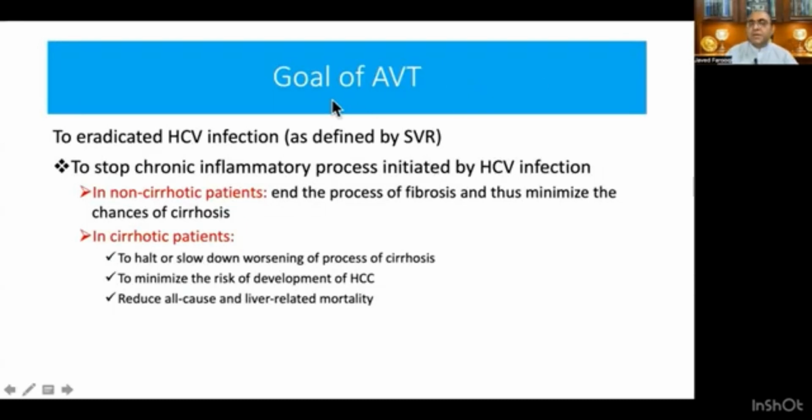I must re-emphasize that the goal of the antiviral treatment is to eradicate HCV infection as defined by the SVR, to stop the chronic inflammatory process initiated by the HCV infection in non-cirrhotic patients, end the process of fibrosis and thus minimize the chances of cirrhosis, and if the patient is fibrotic or cirrhotic, to halt or slow down the worsening of cirrhosis, to minimize the risk of development of HCC, and to reduce all-cause and liver-related mortality. Keeping this goal in view, giving treatment does not end the story.